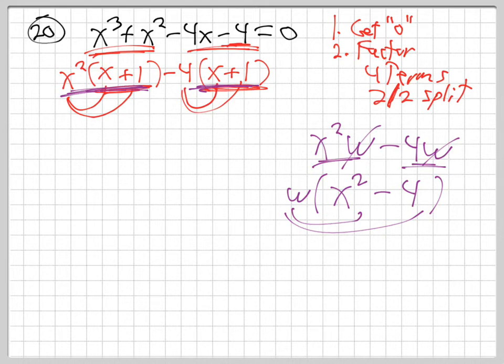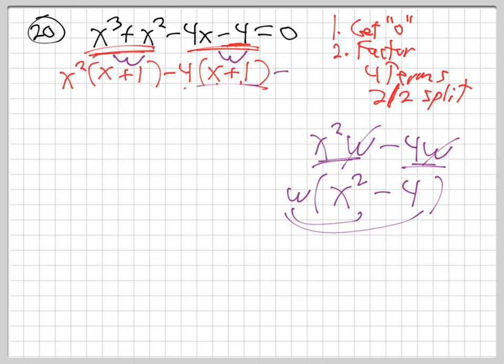Well, it's the same deal with an x plus 1, because that's just like a big W. This is like a W, and this is like a W. Do you see that? It's the same thing, just bigger. These 2 terms both have a common element, the parenthesis x plus 1.